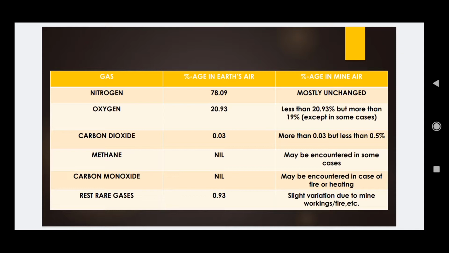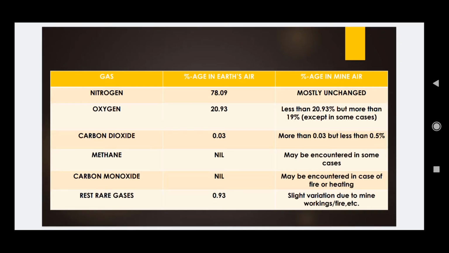So the oxygen percentage in the mine air is less than 20.93%, but it is always more than 19% except in some special cases. At the surface of the earth, carbon dioxide in the earth's air is 0.03%, but due to many mechanisms as mentioned above, the carbon dioxide percentage increases but is always less than 0.5%.